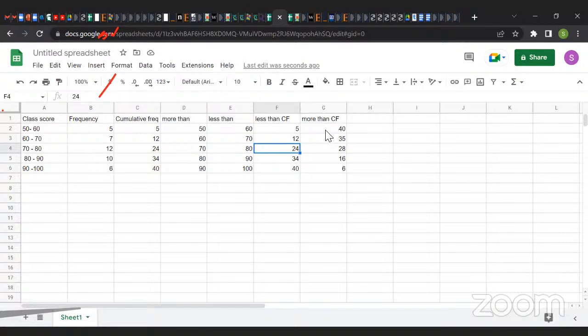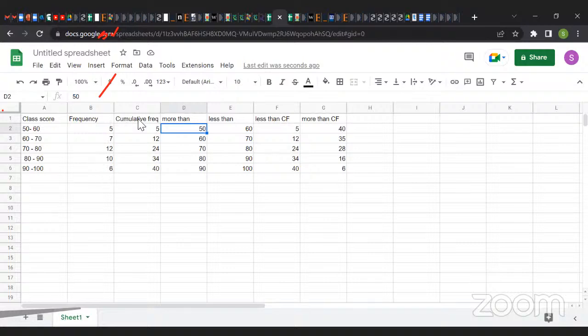And for more than, the same way, the more than cumulative frequency. So the students who got more than 50, it will be all of them. We make a summation of all of them who got more than 50. So the total of the cumulative is 40 for those who got more than 50, all these students.